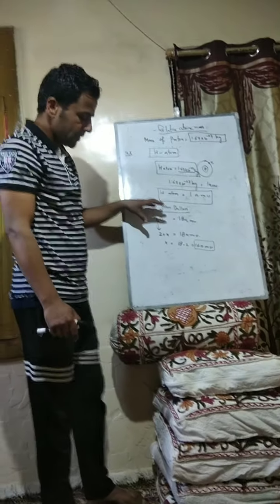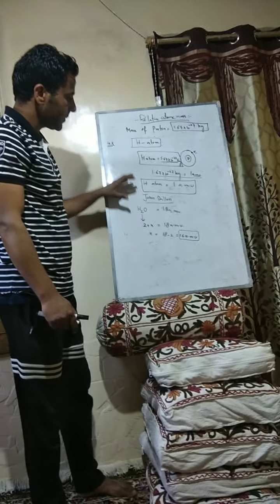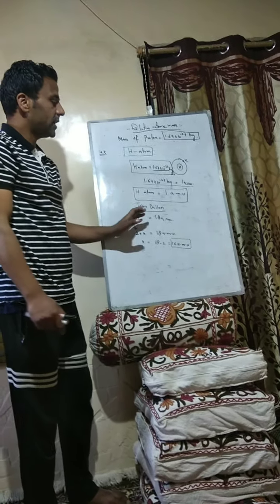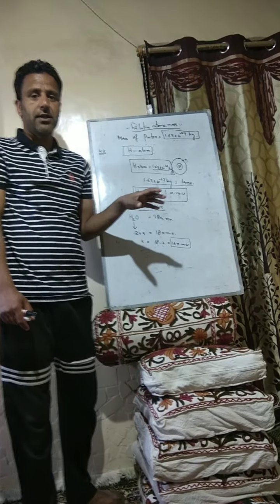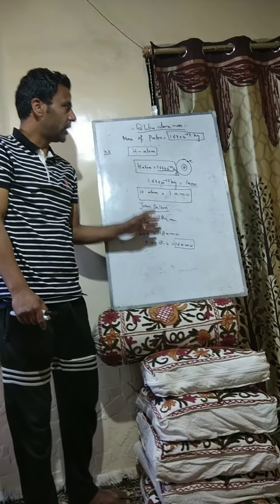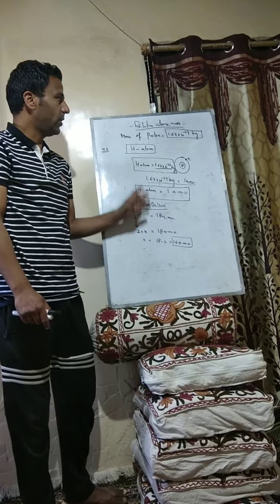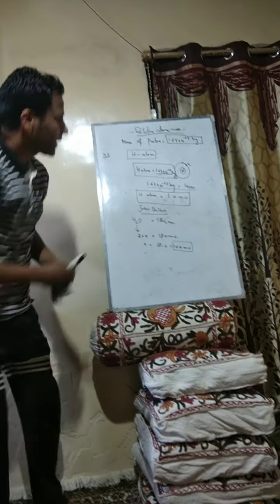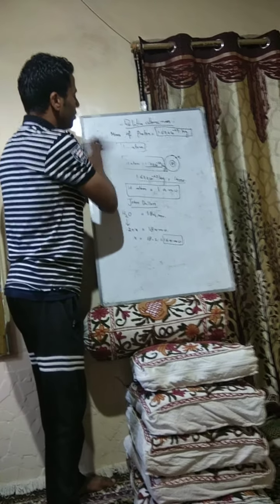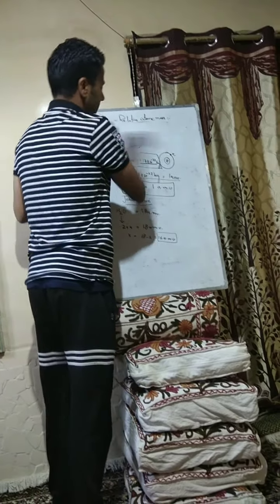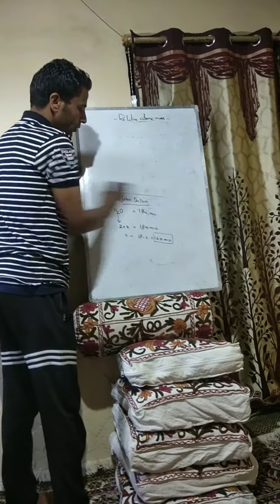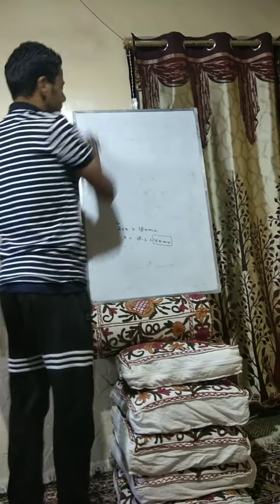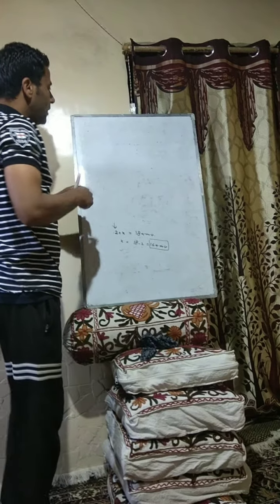Now, since this hydrogen atom is not reactive, meaning it does not react with all other elements, it's very difficult to calculate the relative atomic mass of all the elements. So what we do is use another element to calculate the atomic mass. Instead of hydrogen, we use carbon.